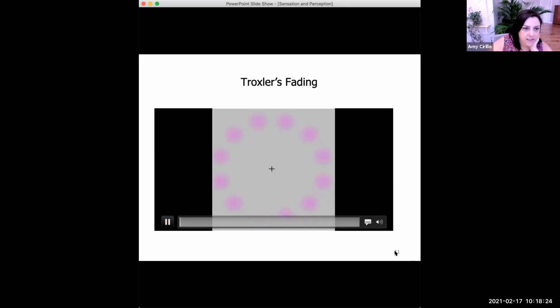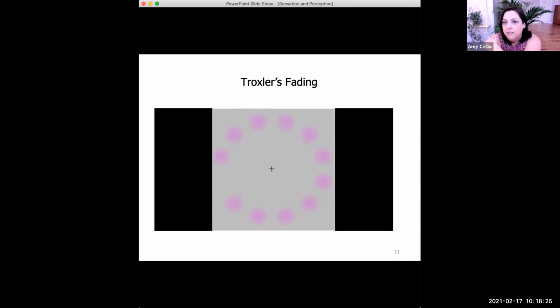Oh, started again. And don't focus on the outside dots, okay? Try to not pay attention to the outside dots and just look at the plus sign. You don't have to try this one. They're fading. Yeah, they kind of went away from me too.